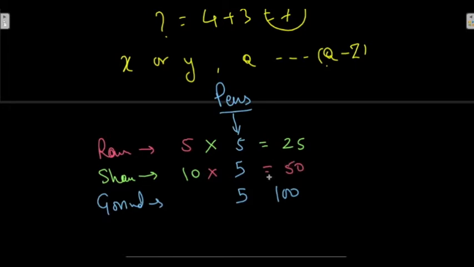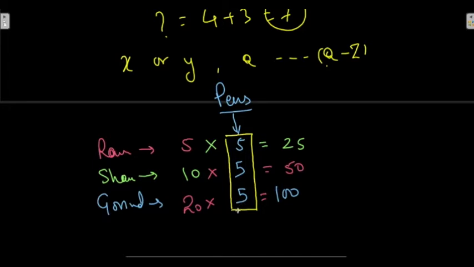Now, when Govind is paying you 100 rupees and buying pens, each costing rupees 5, then again it's pretty simple, right? It's 20 into 5. Now you will realize that the cost of each pen is the same.